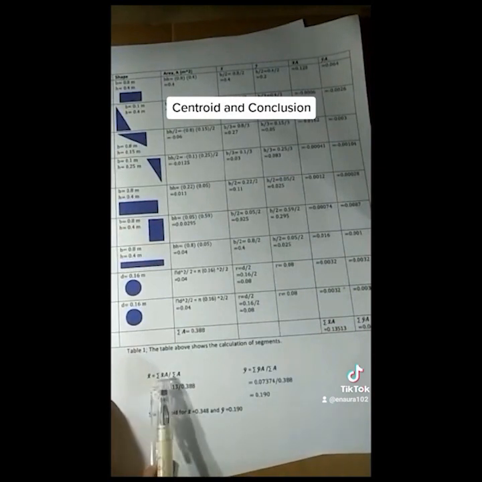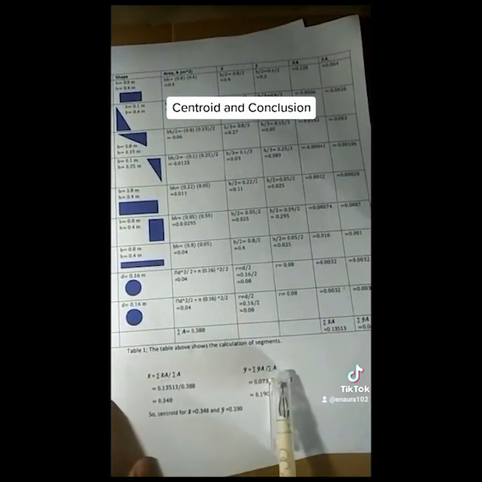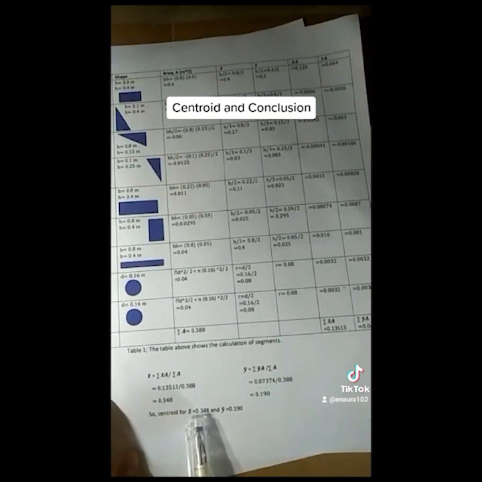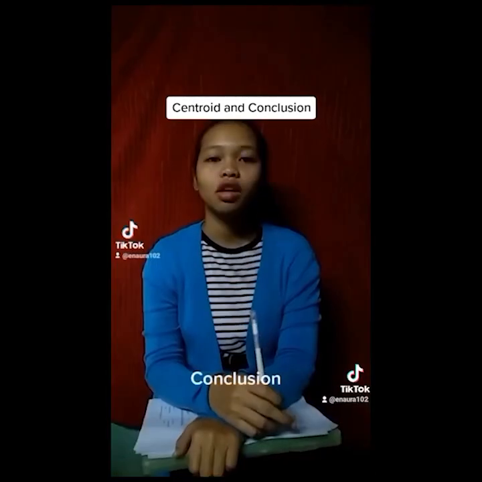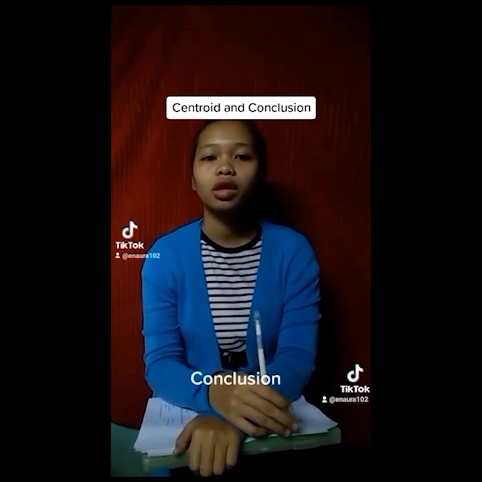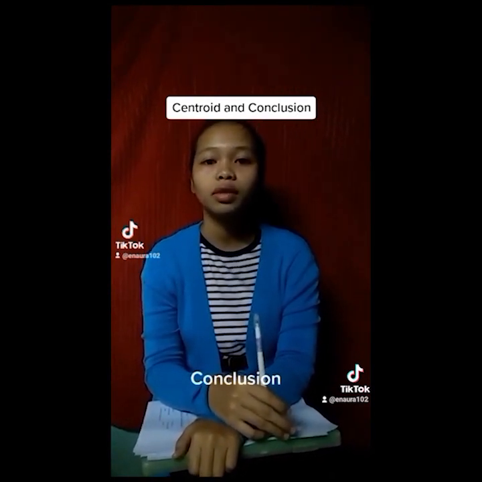Using the formula, I get the centroid for x and y. The centroid for x is 0.348 and for y is 0.190.